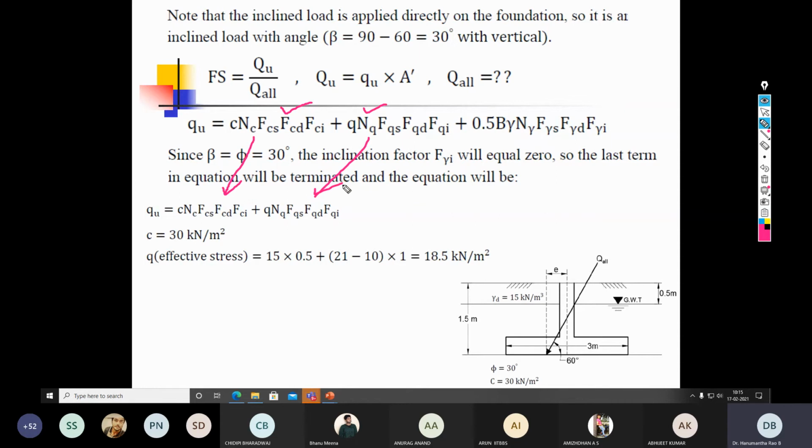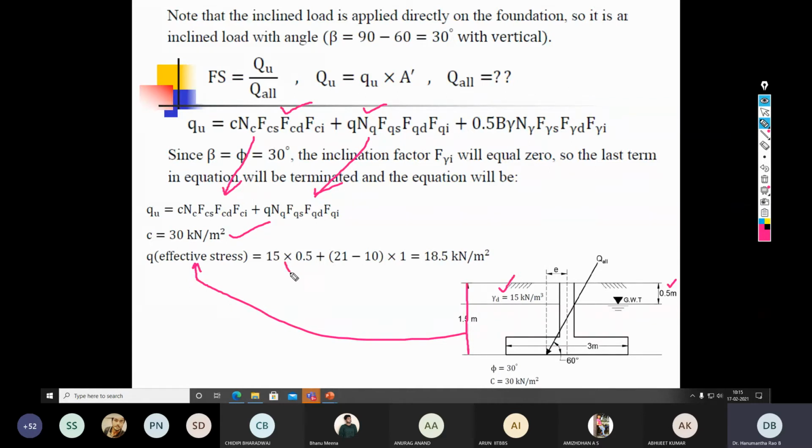So only two terms, and given C is 30 kilopascals, and Q effective is up to a depth of 1.5 meters. But if you look carefully, up to 0.5 meter it is dry density, and for the remaining 1 meter it is submerged density.